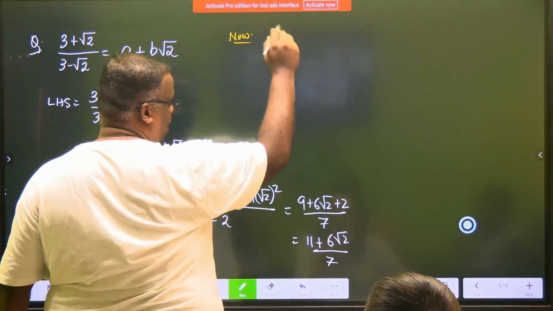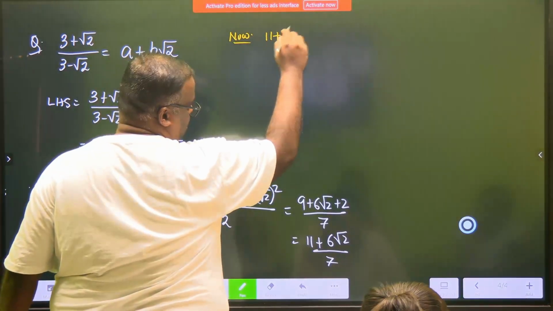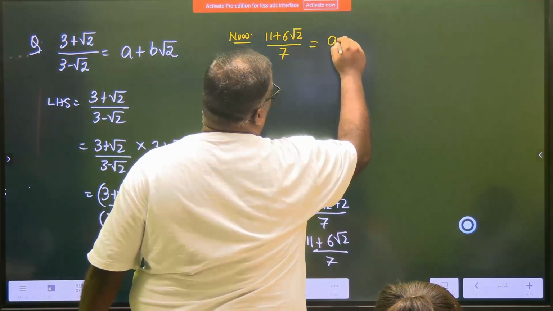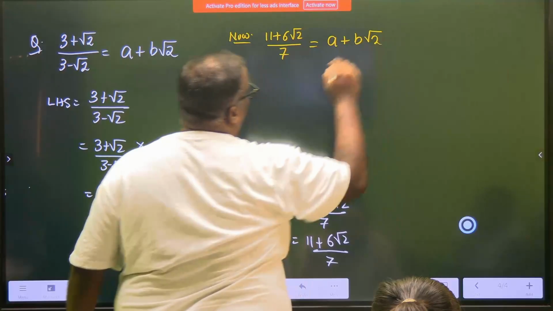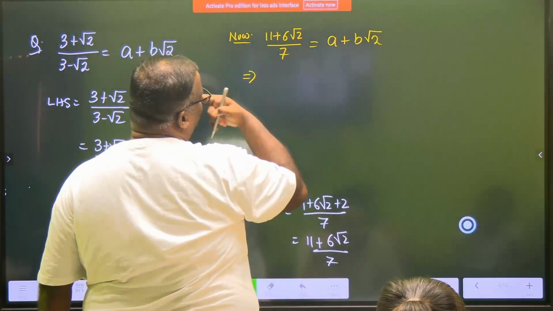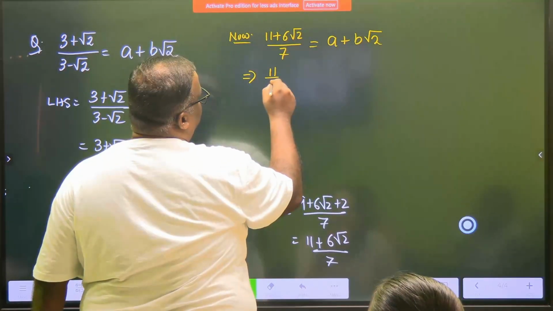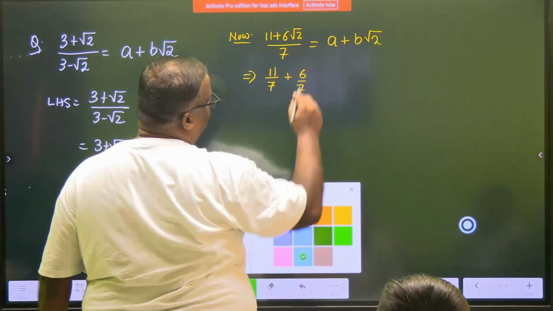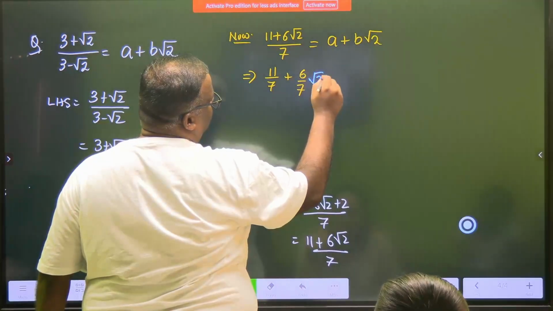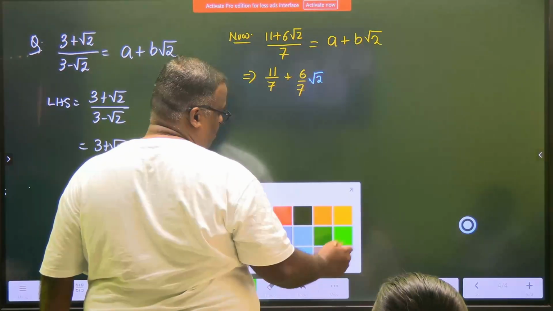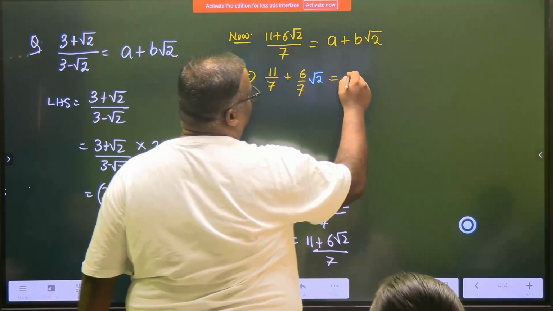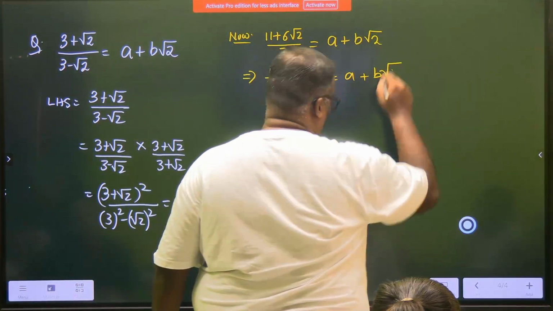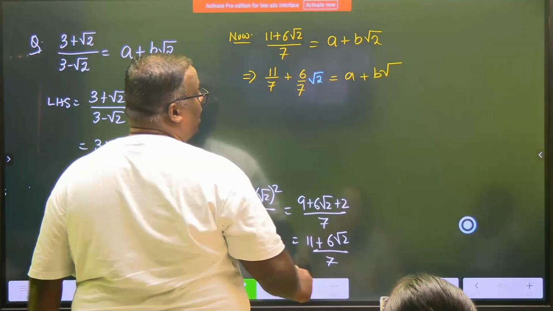Now what happened? Our problem is what? 11 plus 6 root 2 upon 7 is equal to A plus B root 2. Still it is not the same, so we have to do like Advait asked us. Baby steps. Baby steps. Deliberately I am changing color for your mind to light up.